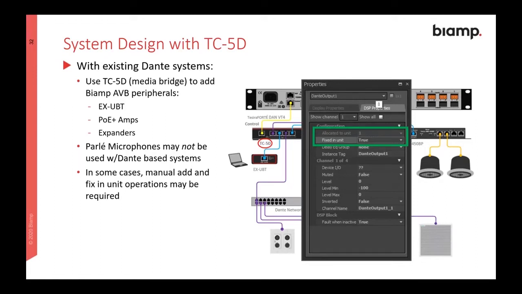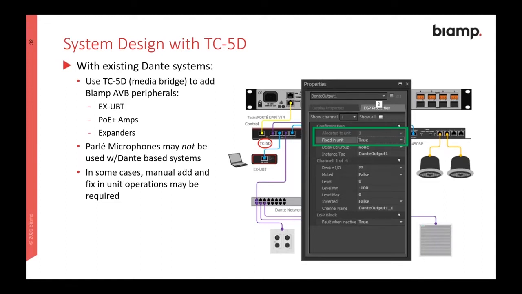I don't know if you have had situations where, when you created a file and compiled it, the compiler tends to suggest some mix of equipment. The reasoning behind it is to offer you the most cost-effective solution for the layout that you've built. And keeping in line with that, when you try to do that with a TC5D, it will tend to suggest an AVB option.